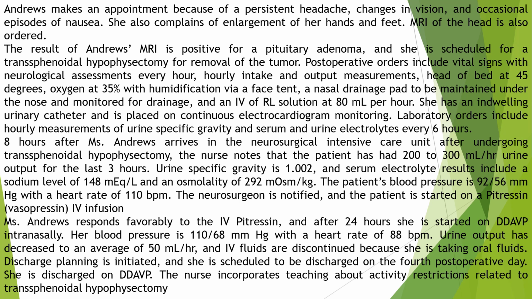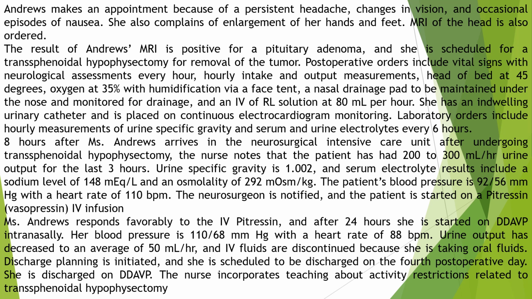The neurosurgeon is notified and the patient is started on Pitressin or vasopressin IV infusion. Ms. Andrews responds favorably to the IV Pitressin and after 24 hours she is started on DDAVP intranasally. Her blood pressure is 110 by 68 mmHg with a heart rate of 88 beats per minute.